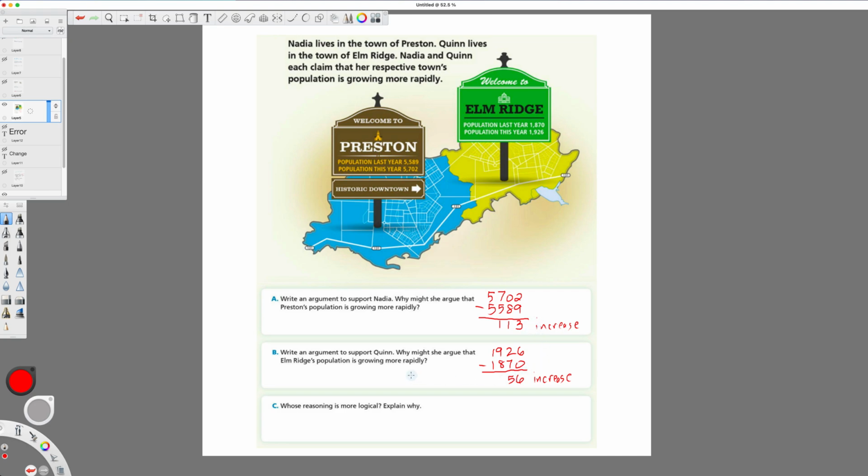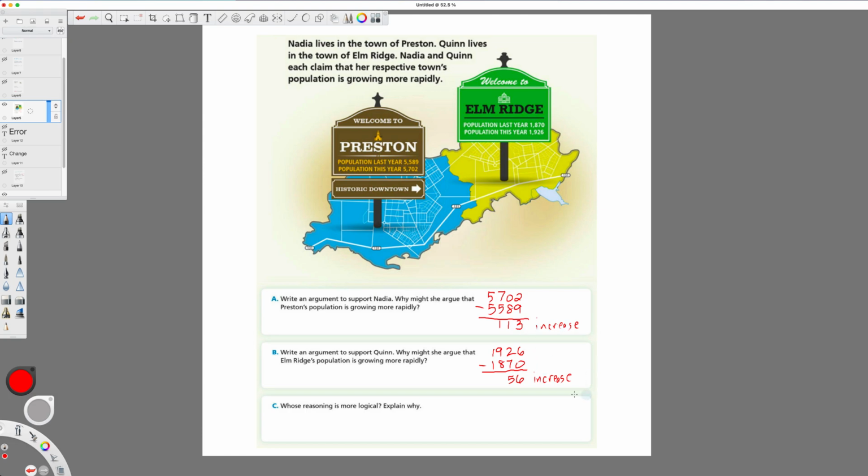So if I were Quinn and I wanted to convince somebody that Elm Ridge was growing more rapidly, I can't use just the raw numbers. I have to use this number compared to what the actual population was. If I do that, that's getting into percent increase. Both of them are increasing, but if I do a percent increase, we can more easily compare the changes.